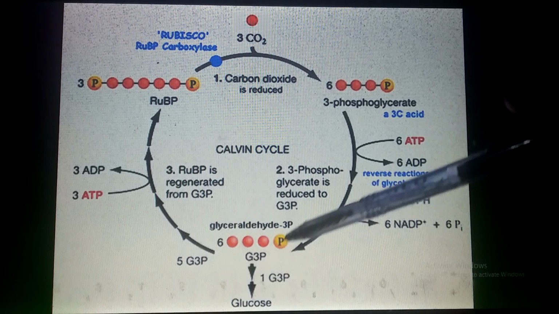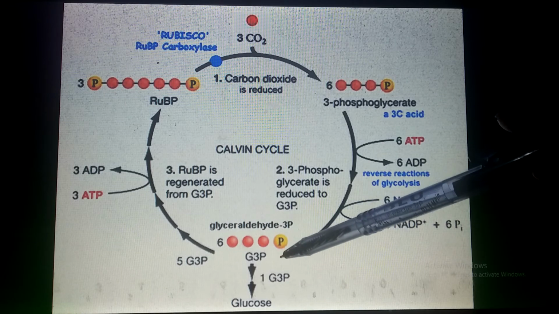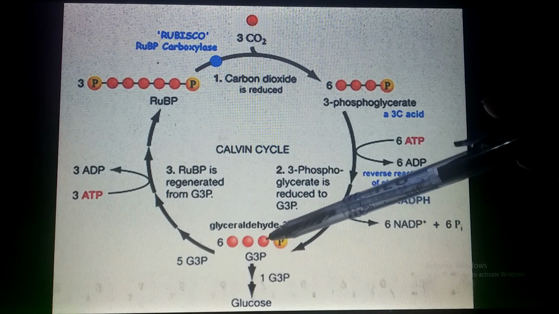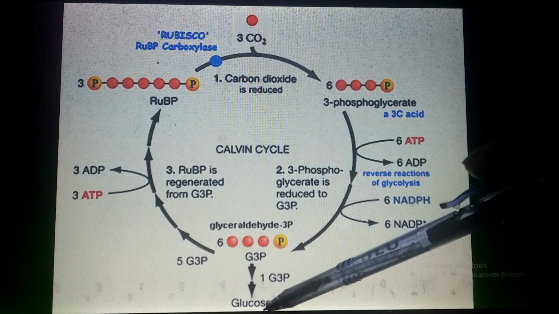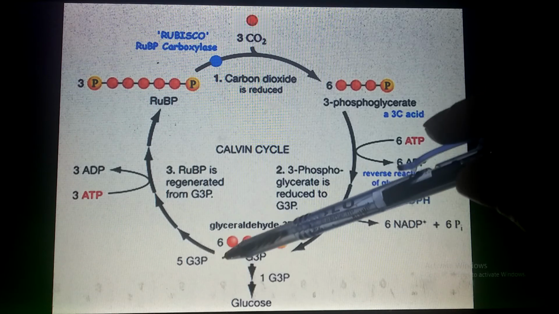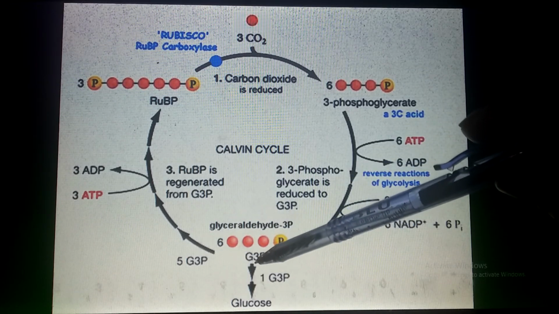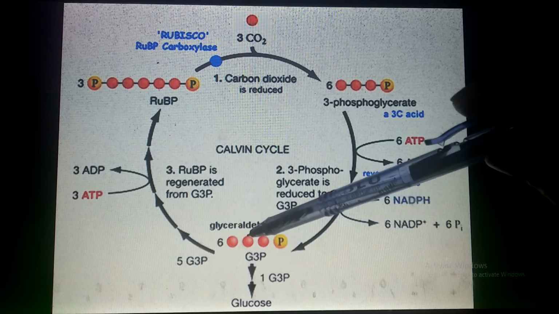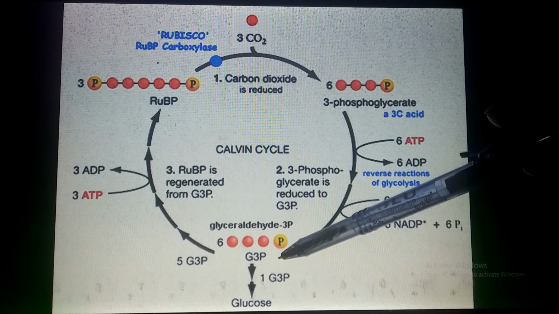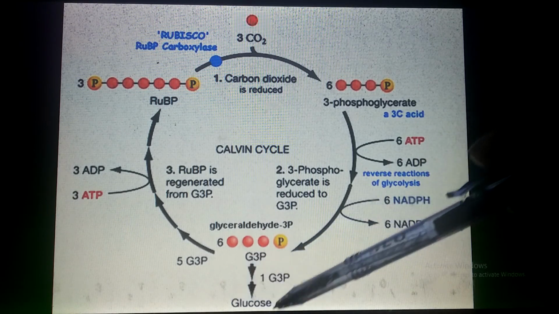From these 6 molecules, 1 molecule moves away from this Calvin cycle and is converted into glucose, carbohydrate. The remaining 5 molecules: from this 6, 1 phosphoglyceraldehyde moves away or quits from that cycle and is converted into glucose.